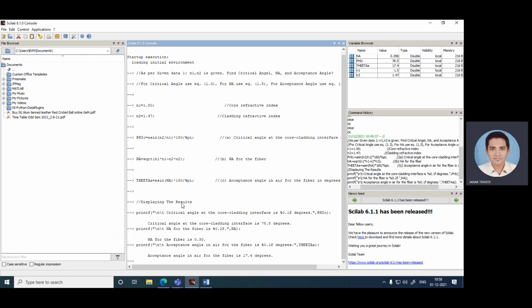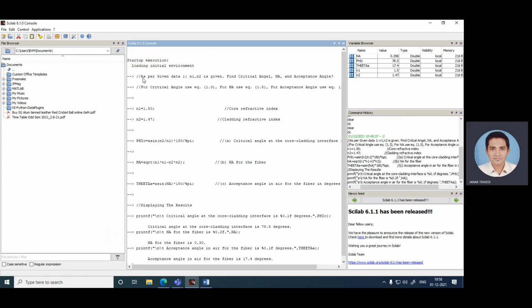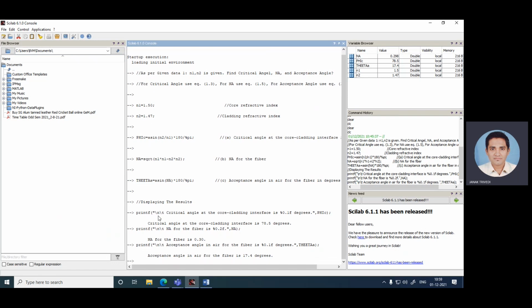This is the result. You can see the comment line; we already discussed the use of comments in Scilab. Finally, the result: the critical angle is 78.5 degrees, the numerical aperture for the fiber is 0.3, and the acceptance angle is around 17.4 degrees.